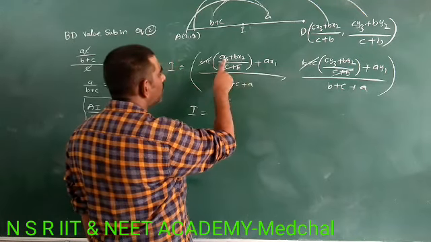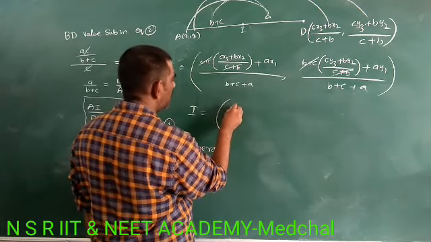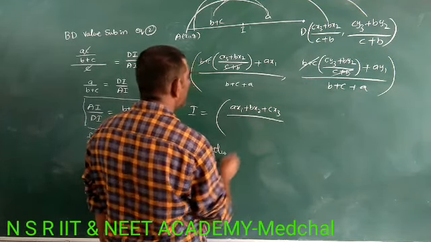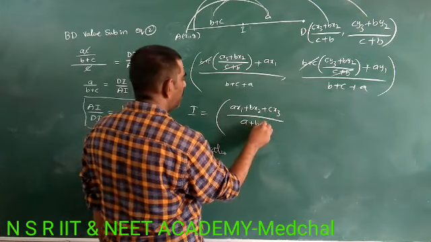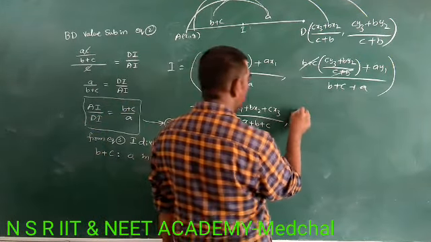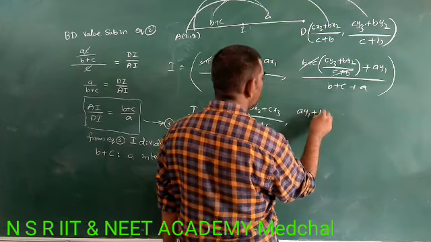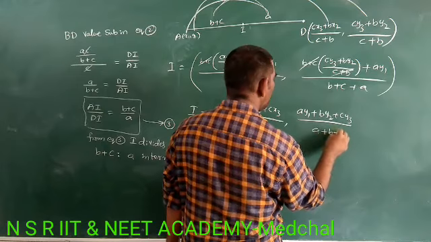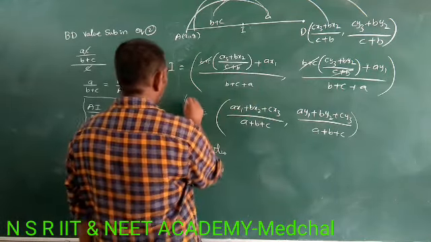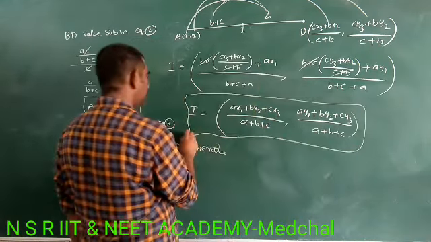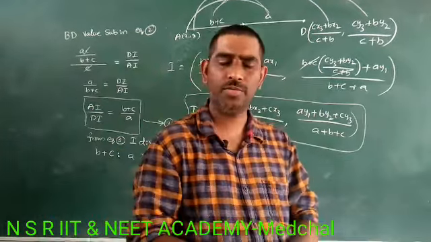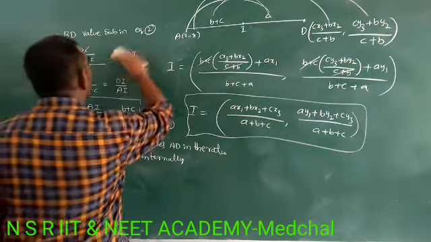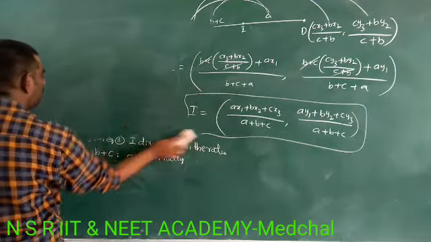AX1 plus BX2 plus CX3, right in order, by A plus B plus C. Similarly, AY1 plus BY2 plus CY3 by A plus B plus C. So this is the in-center formula.